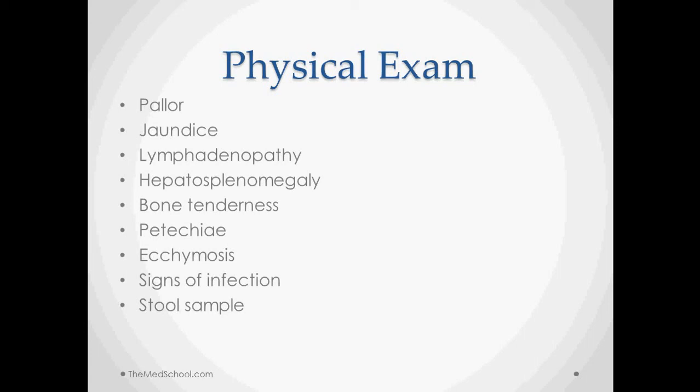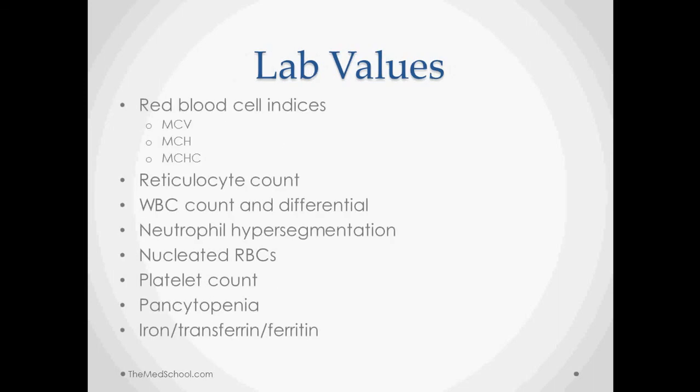Bone tenderness may be indicative of some type of myeloproliferative disorder or a cancer. Petechiae and ecchymosis can be signs of loss of blood, bleeding problems that can lead to anemia. Look for signs of infection and definitely check the stool sample for blood.